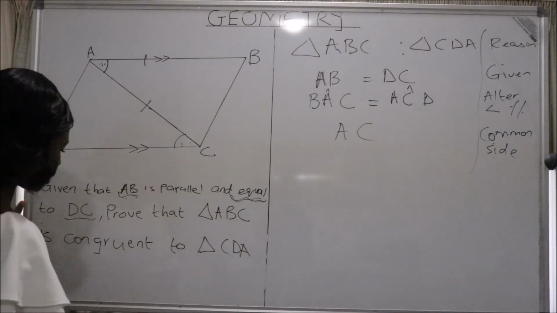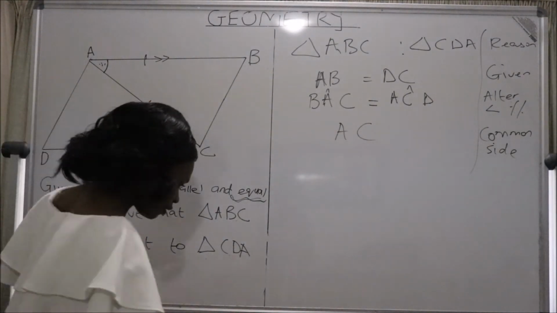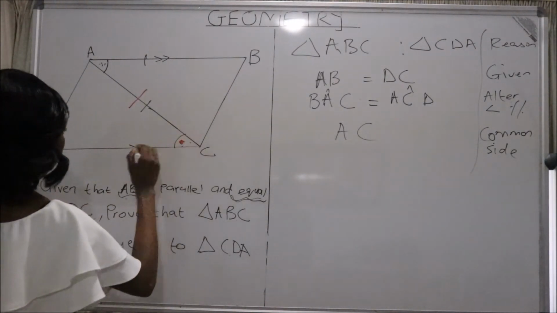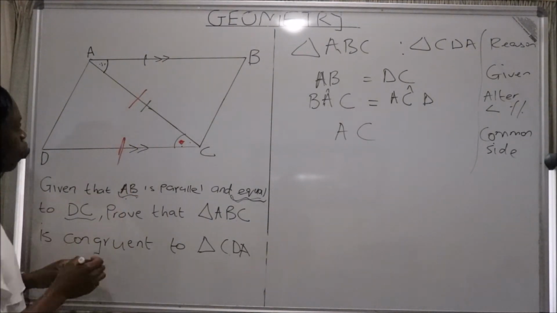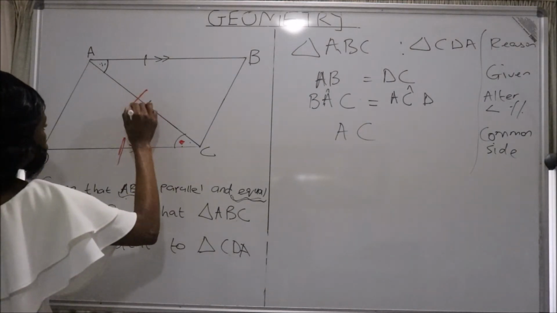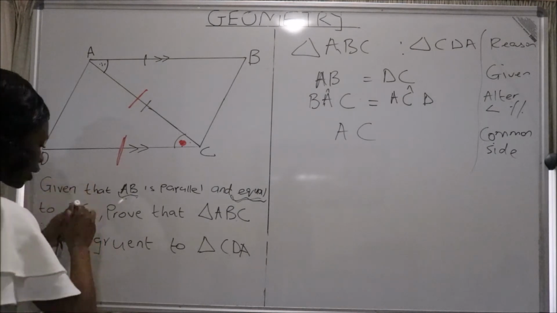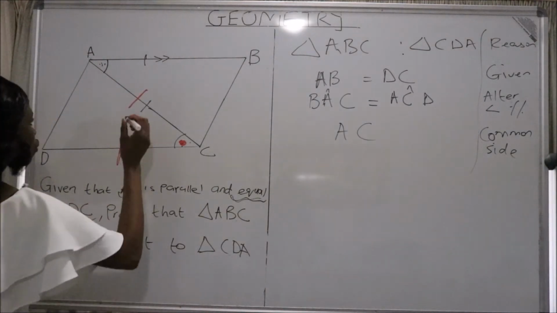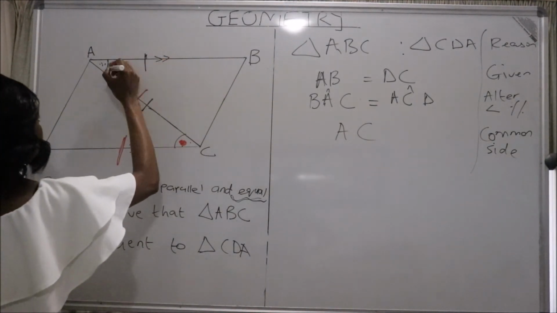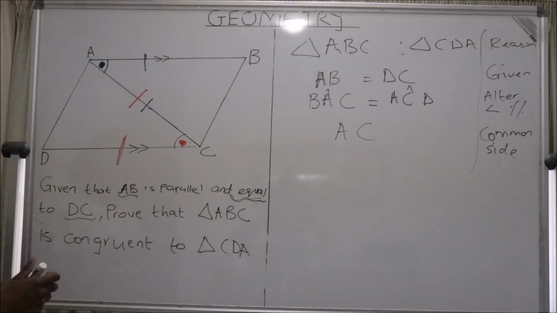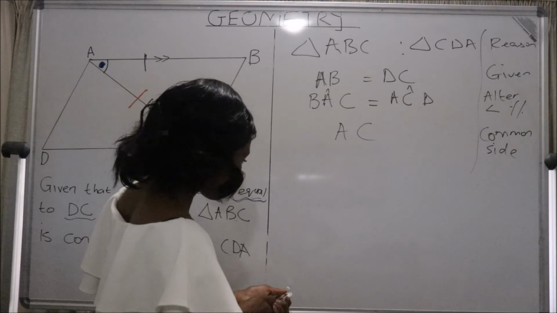On the other triangle, we have proven that this is the side which is equal, this is the angle which is equal, and the side. So we have two sides and an included angle, and on the other triangle we also have two sides and the included angle. So yes, they are congruent.